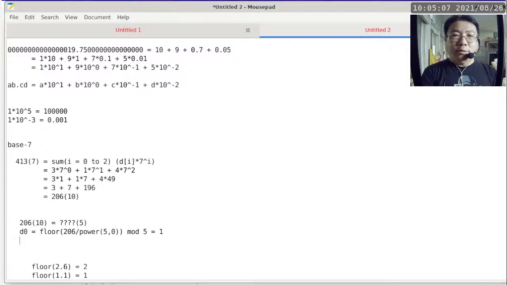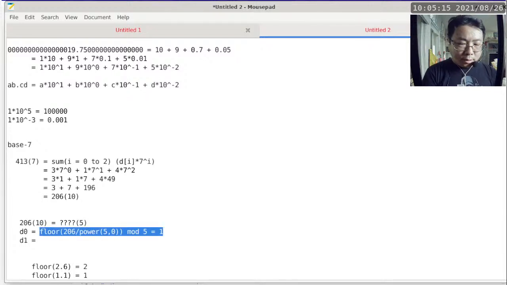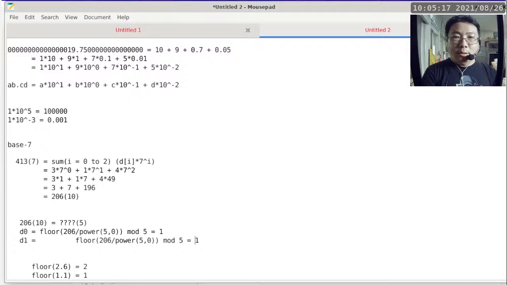What about D1? I'm just going to be a little lazy here, so I can copy and paste the format and change just a few things. This one is saying, let's divide it by 5 first, and then we do the mod 5.